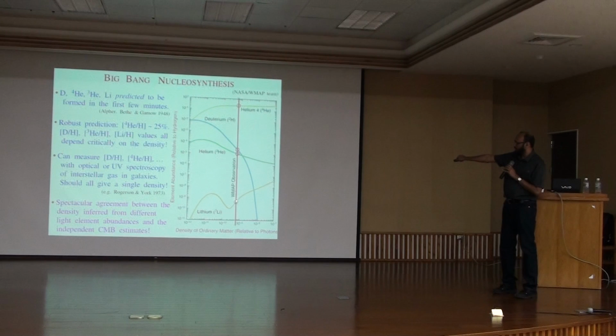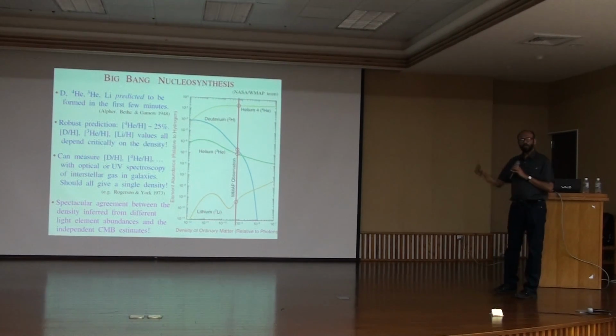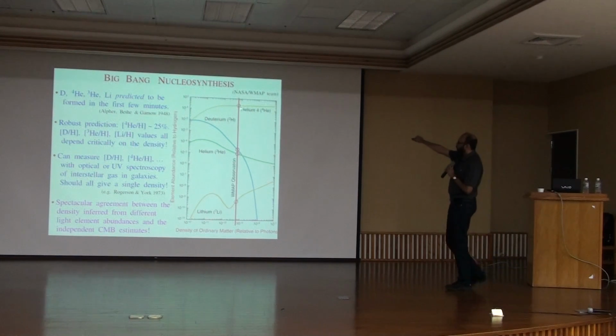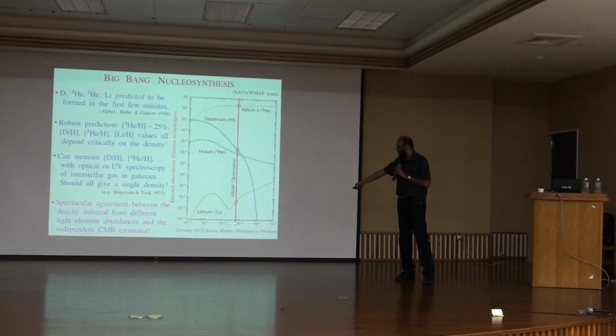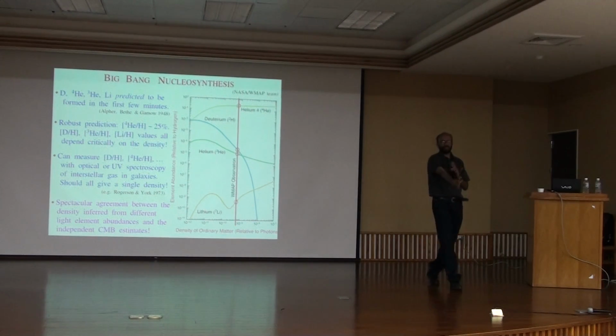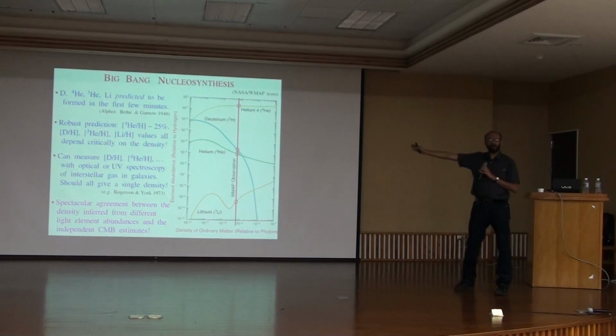And the lithium measurement is here. And what you see immediately is that for all of these values of helium, deuterium, 3He, lithium, they all fall exactly at the same density. They just match beautifully. Very, very hard to make this work.